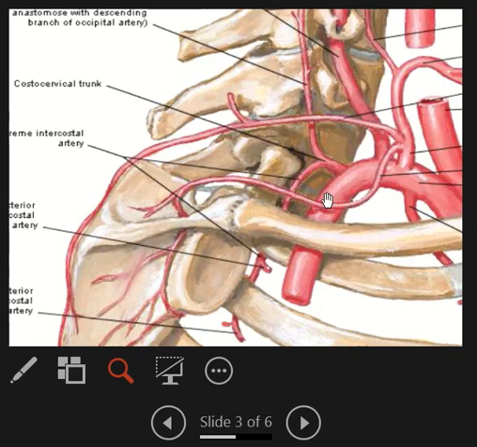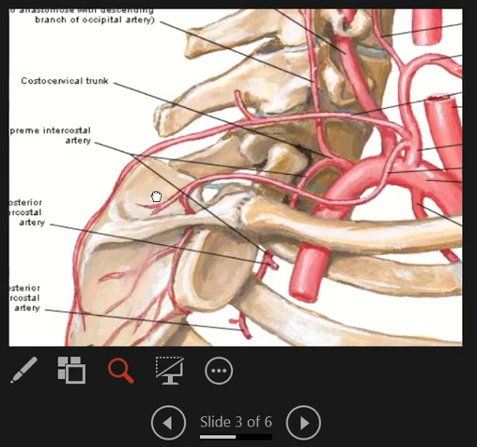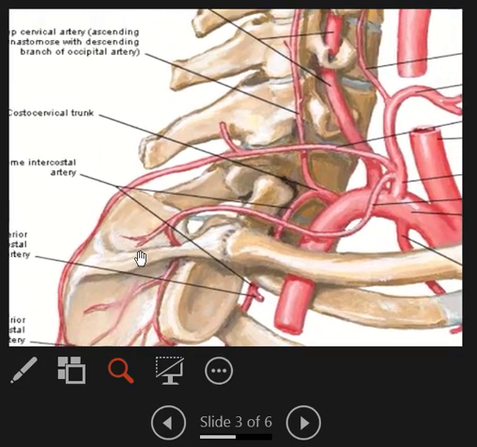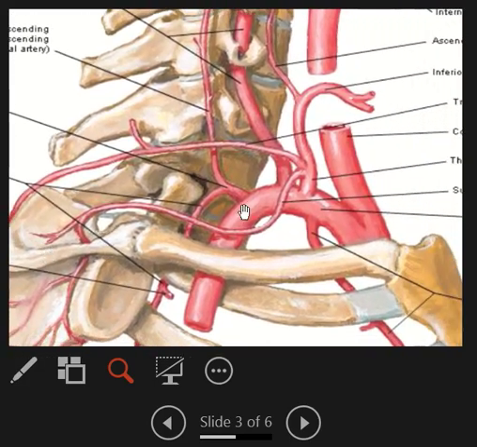As you see, this artery goes to the supraspinatus and infraspinatus muscles at the back of the scapula. So, this is the thyrocervical trunk with 3 branches: inferior thyroid, transverse cervical, and suprascapular artery.